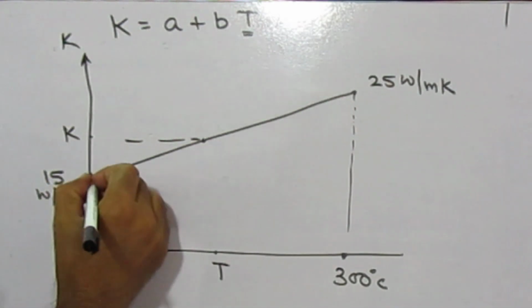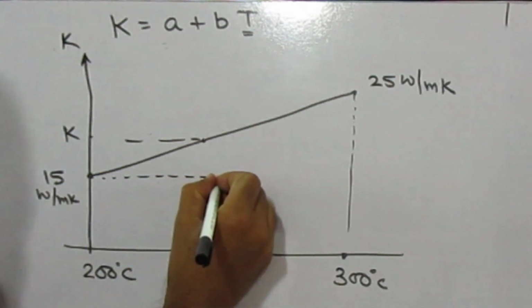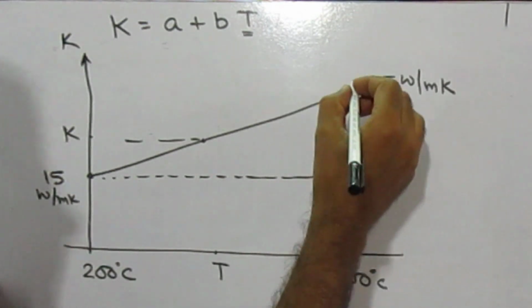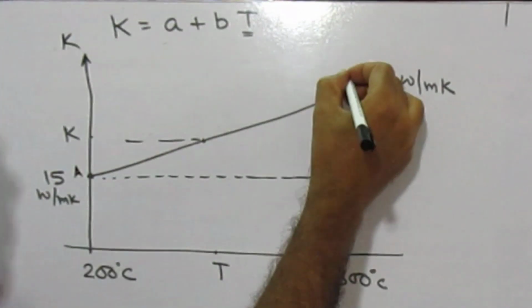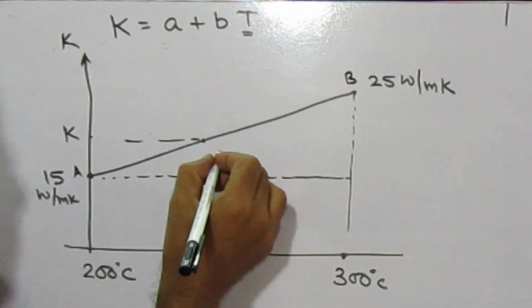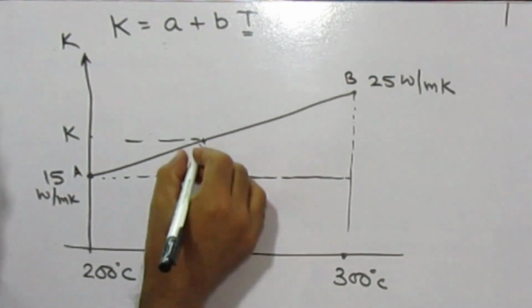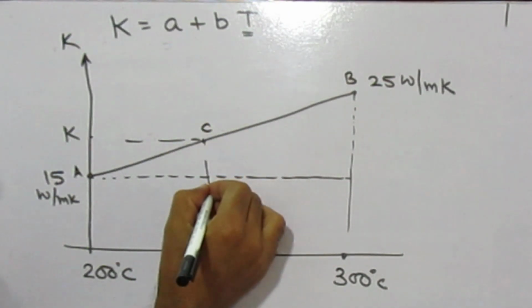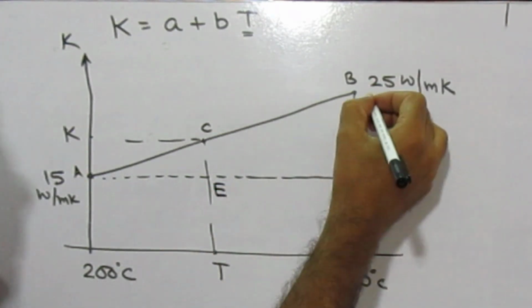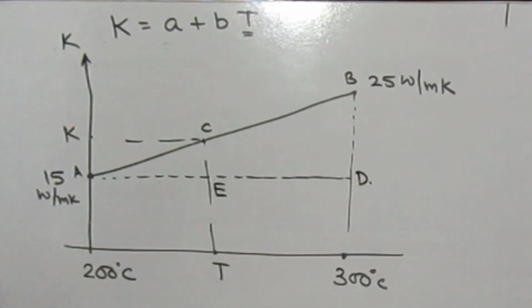Now draw a line perpendicular to AB, and this is CE, this is BD.